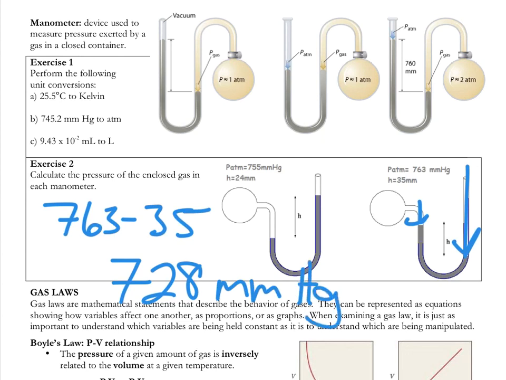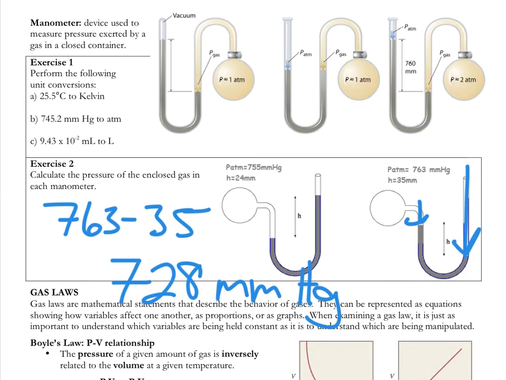This definitely could be multiple choice, and you'll see it on multiple choice, but it's also a really good question to sneak in as part of a free response, just to make sure you understand the pressure of your enclosed gas. A lot of times you would be told, okay, a reaction happens in an evacuated vessel. So you've got a vessel with no pressure. Then as the gas is being produced, the pressure increases.